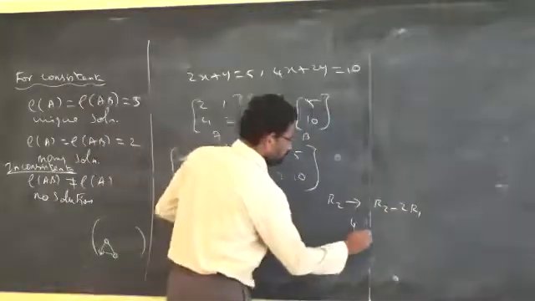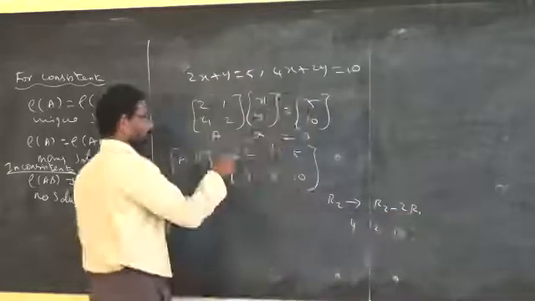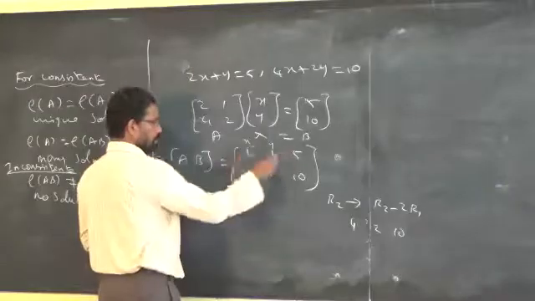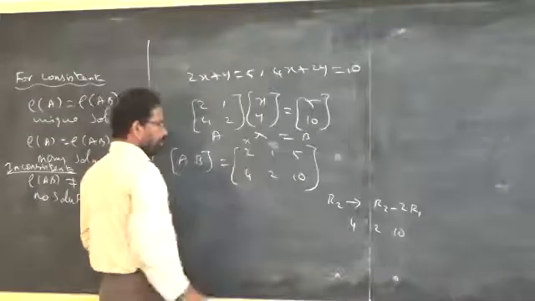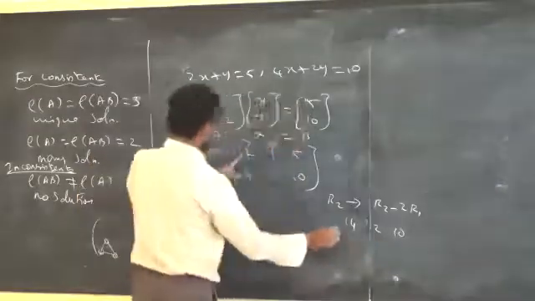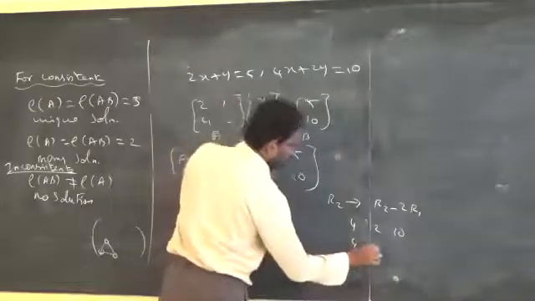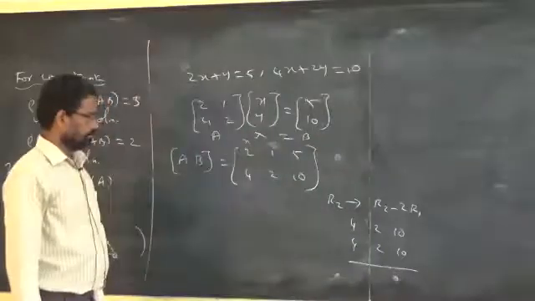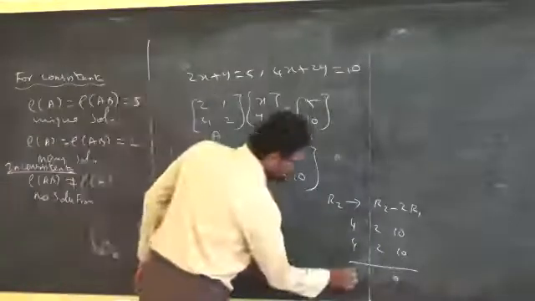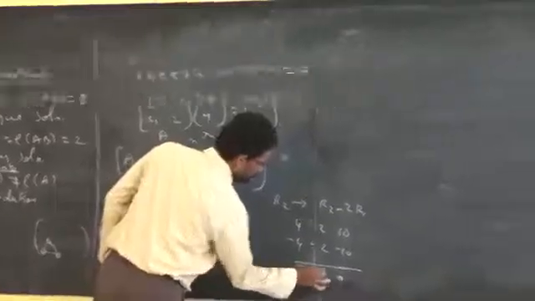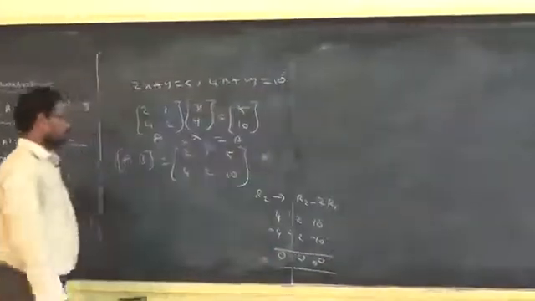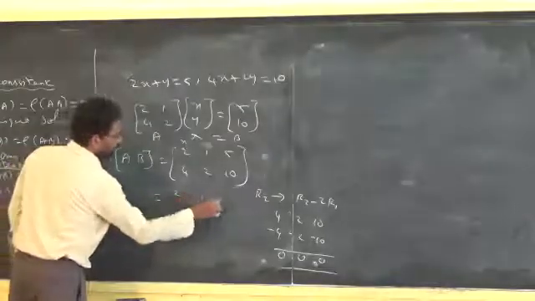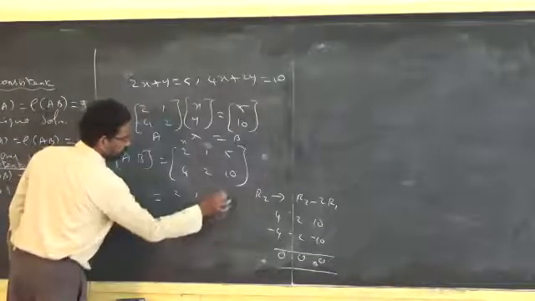R2 is 4, 2, 10, and R1 multiplied by 2 gives 4, 2, 10. Change the sign and subtract: 0, 0, 0. So we have 2, 1, 5, 0, 0, 0.